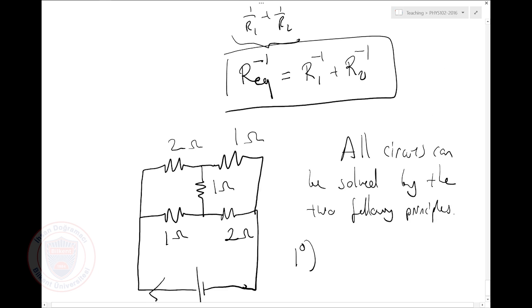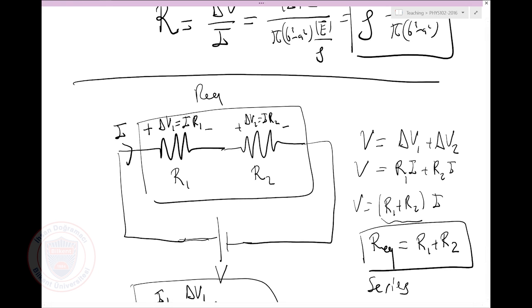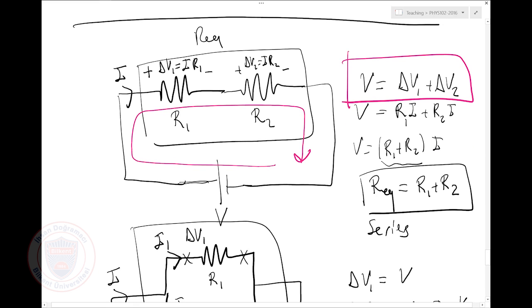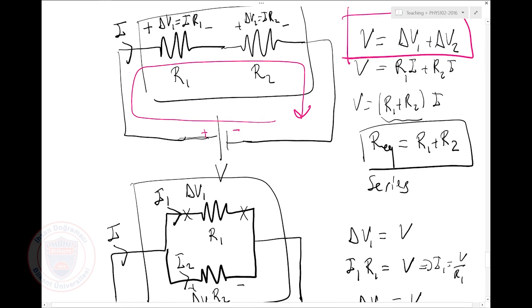First, when I was looking at series resistors, I immediately said voltage drops are additive. So if I actually went through a loop here, what are the voltage drops through the loop? Here is minus plus, so my first voltage drop was minus V across the battery.